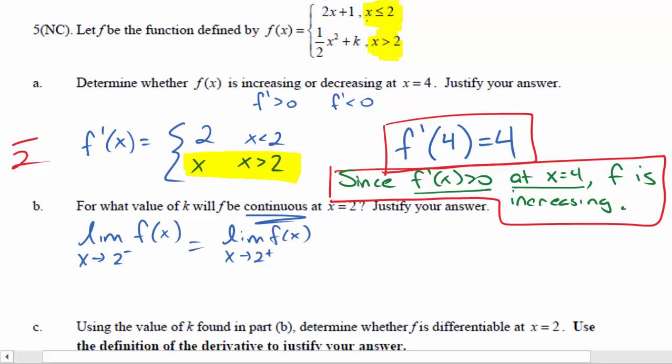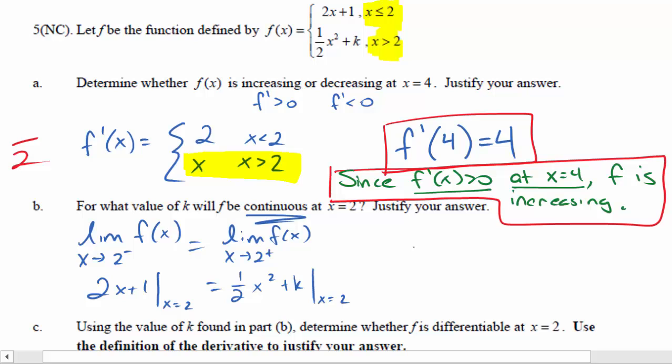Since we're going to use 2x plus 1, this is going to be 2x plus 1 evaluated at x equals 2, and this is going to be 1/2 x squared plus k at x equals 2, and they better be equal to each other if it's going to be continuous.